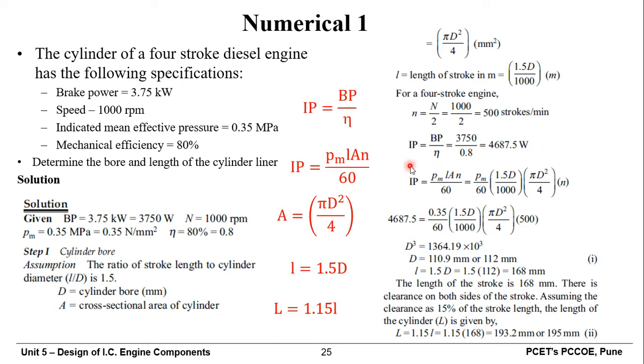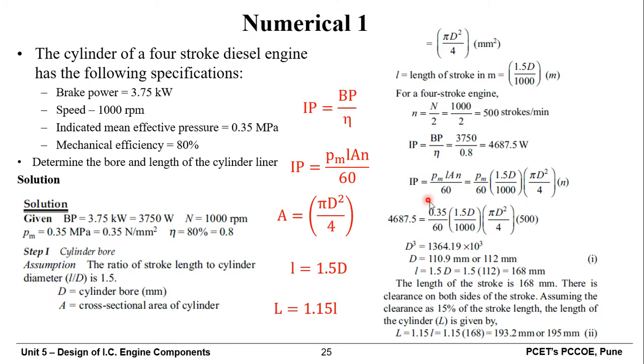Then we know the formula for indicated power, where IP we just estimated, PM is given, and L is expressed in terms of the diameter of the cylinder, capital D. A we know can be written as pi d square upon 4, into n we just estimated, divided by 60.